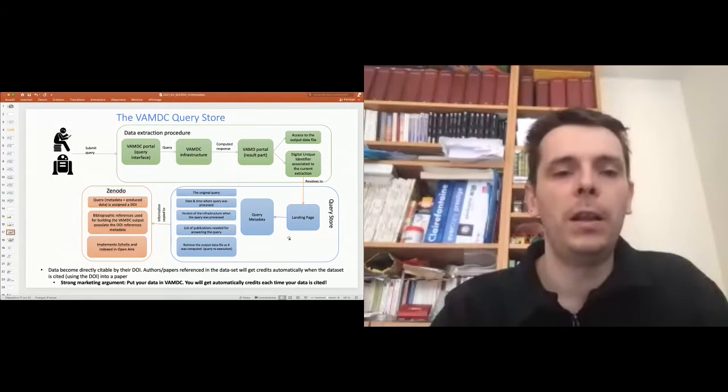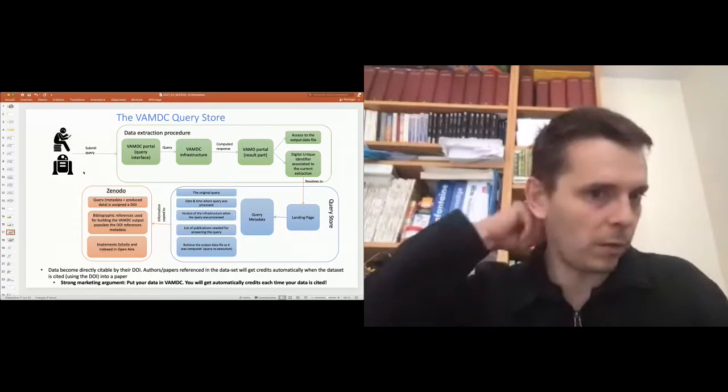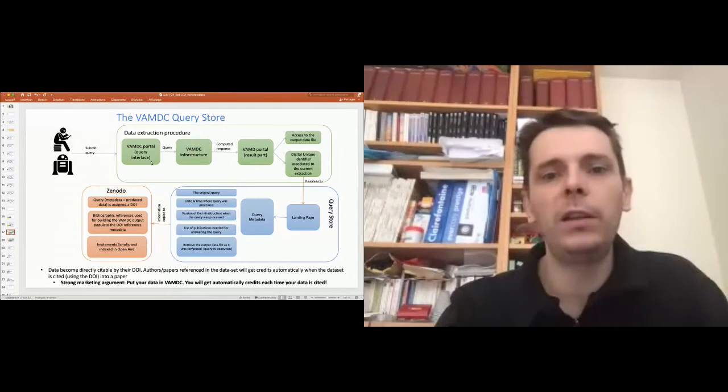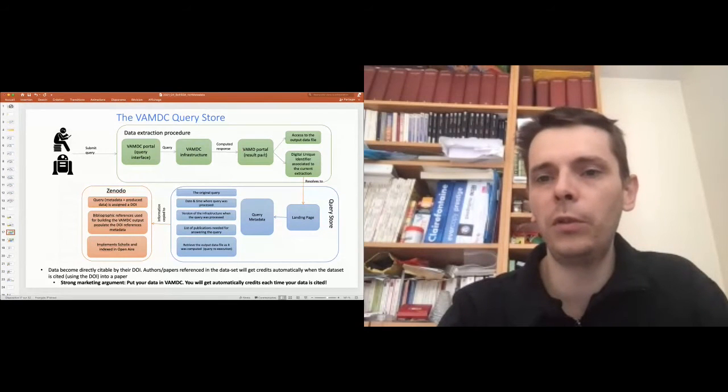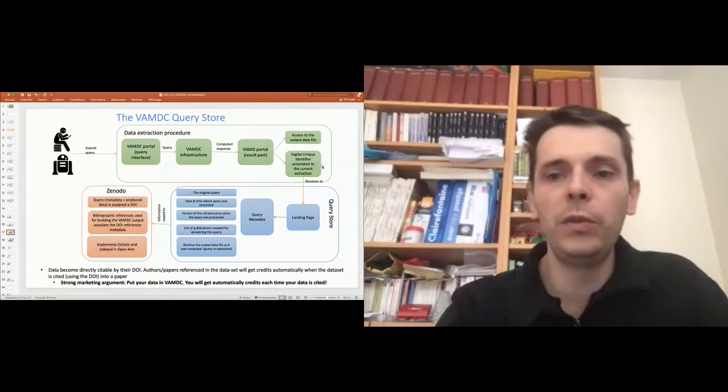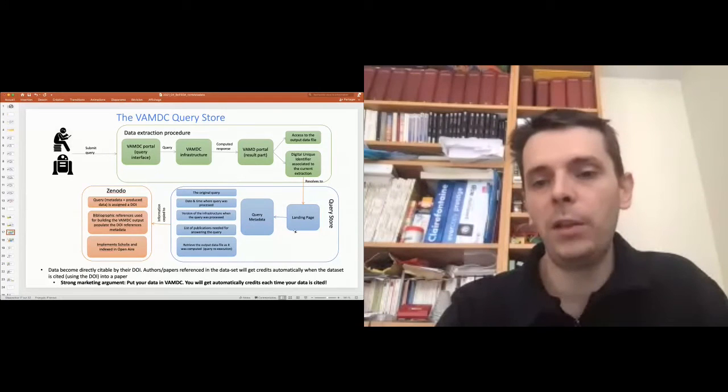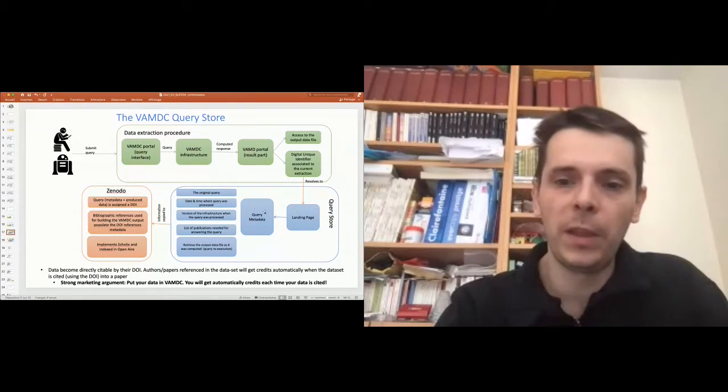So a user, which may be a human or a computer script, extracts data from the VAMDC infrastructure. The infrastructure responds by producing a file and providing the user a resolvable PID, whose landing page is the query store entry for this query.